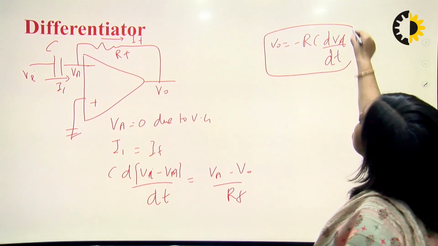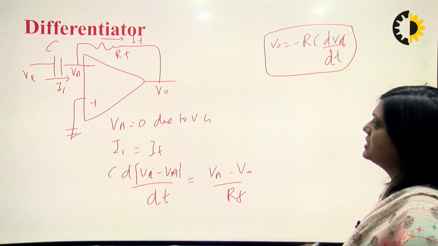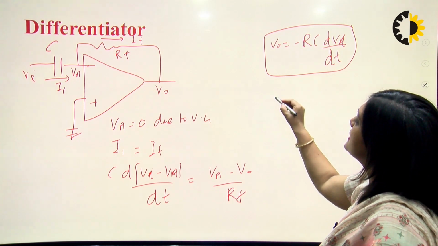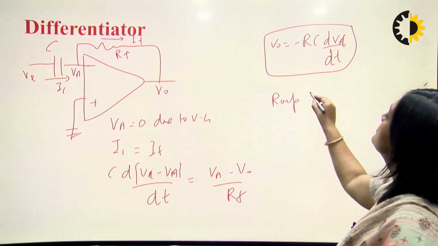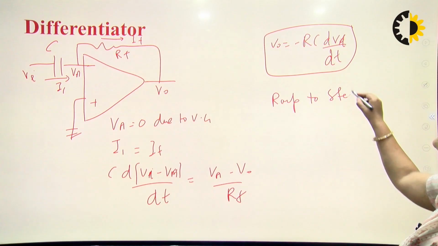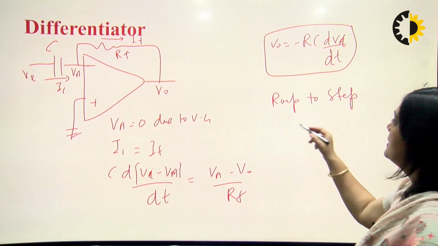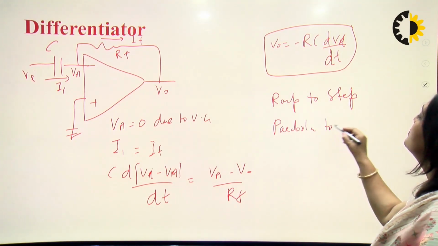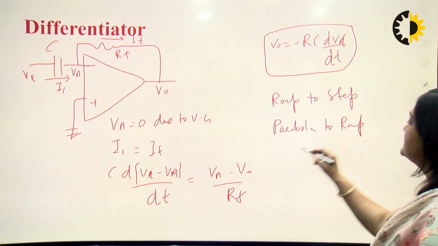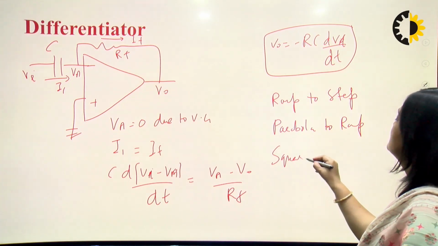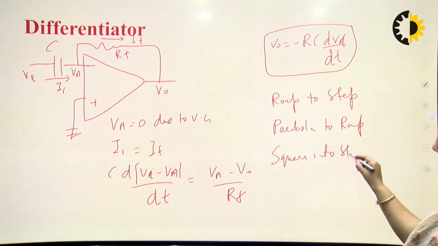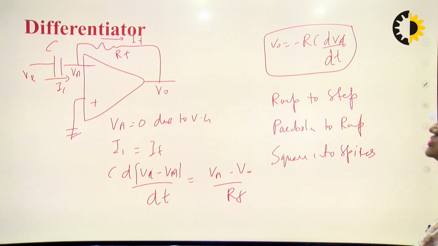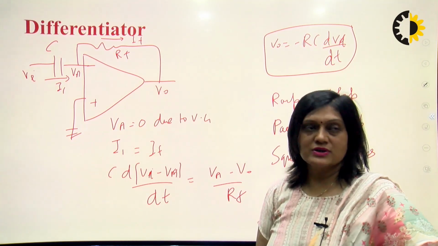That's why this circuit acts as a differentiator, and the differentiator converts a ramp signal into a step, a parabola to a ramp, and a square signal to spikes, and this is used as a high pass filter.